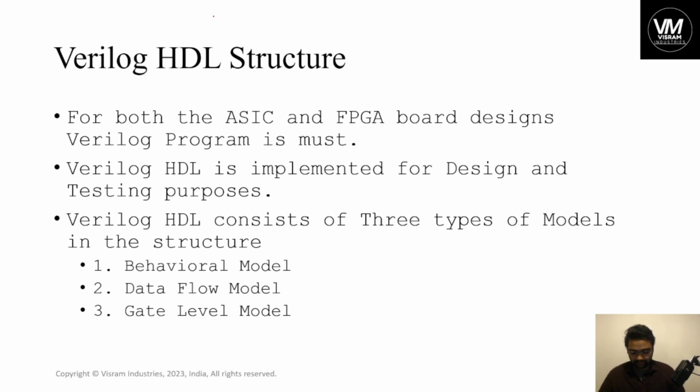You need to understand that three different program levels are available. As we go further in this training, we will understand how to write the same thing in different ways. For example, if you take a multiplexer, you can have a gate level, data flow or behavioral model. What are these? Let us go to the design.